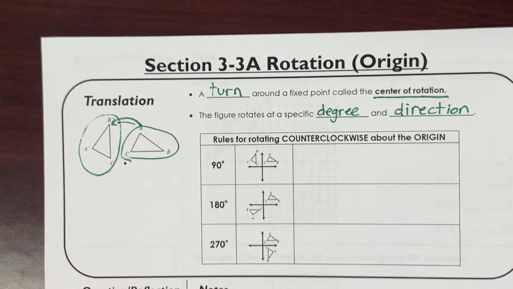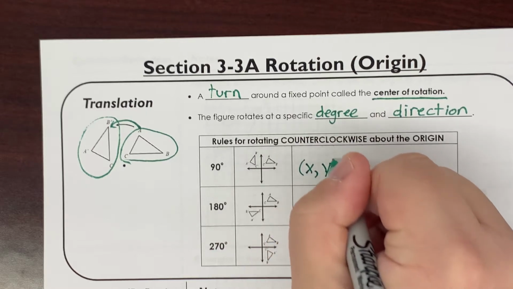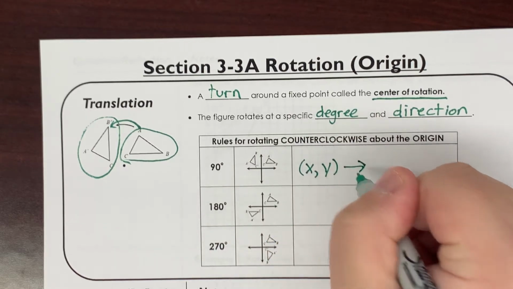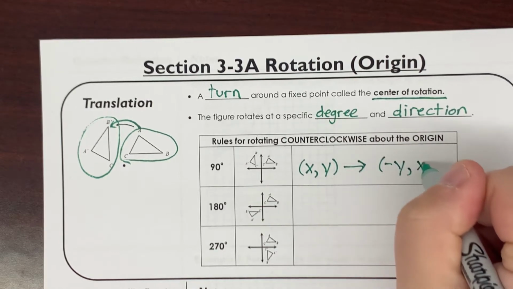We have very simple rules for how points are transformed when we go to rotate them. So we'll start with the counterclockwise group that you see here in the table. If we turn a figure 90 degrees counterclockwise, every (x, y) point in that figure is transformed into (-y, x).